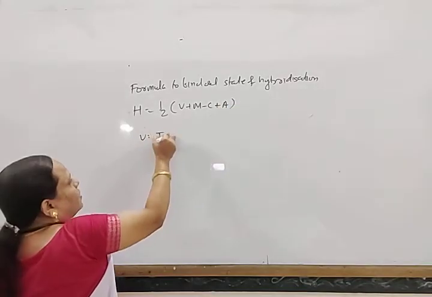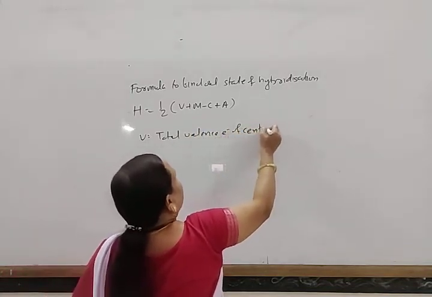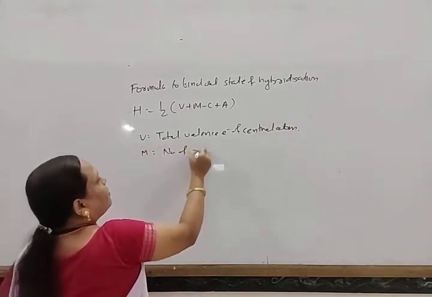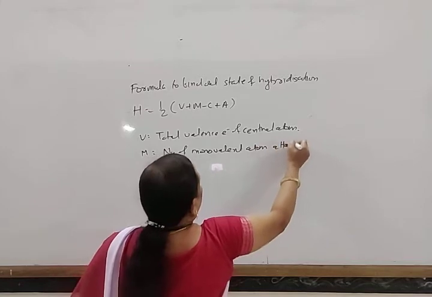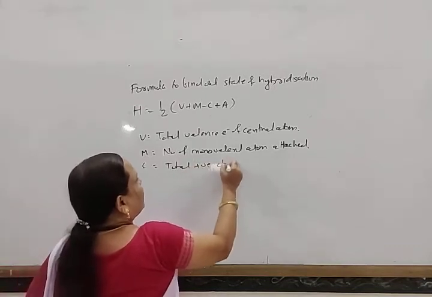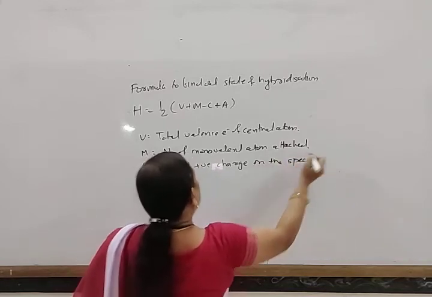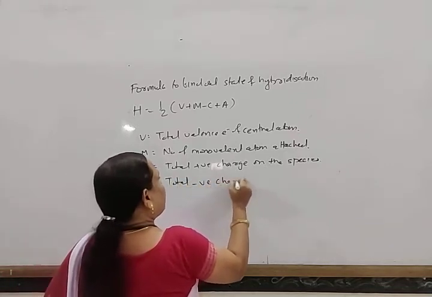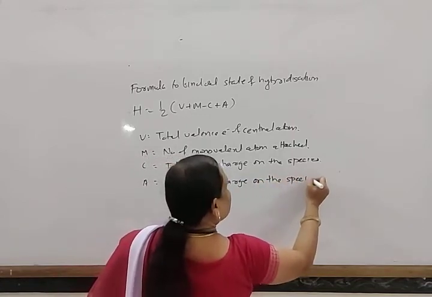So V is the total valence electrons of the central atom, M is the number of monovalent atoms attached, C is the total positive charge on the species, and A is the total negative charge on the species.